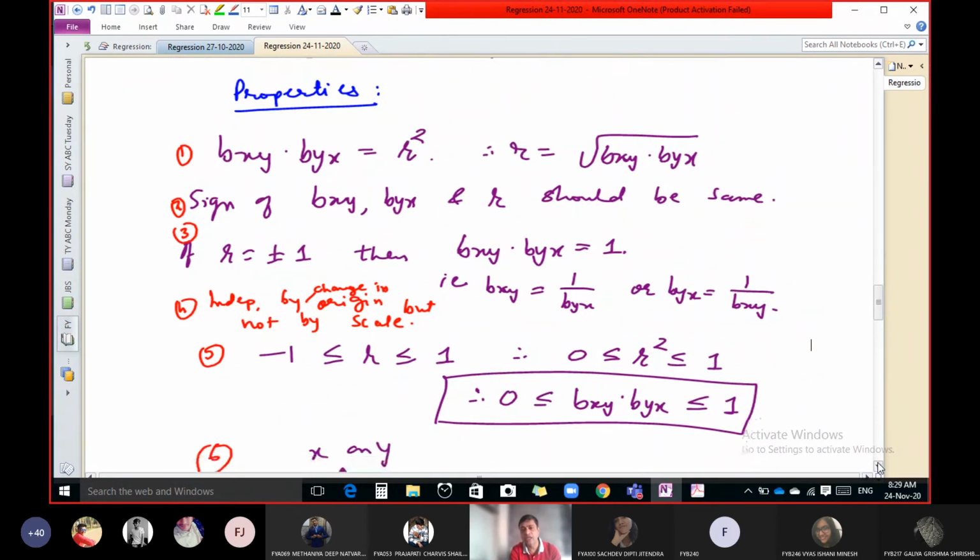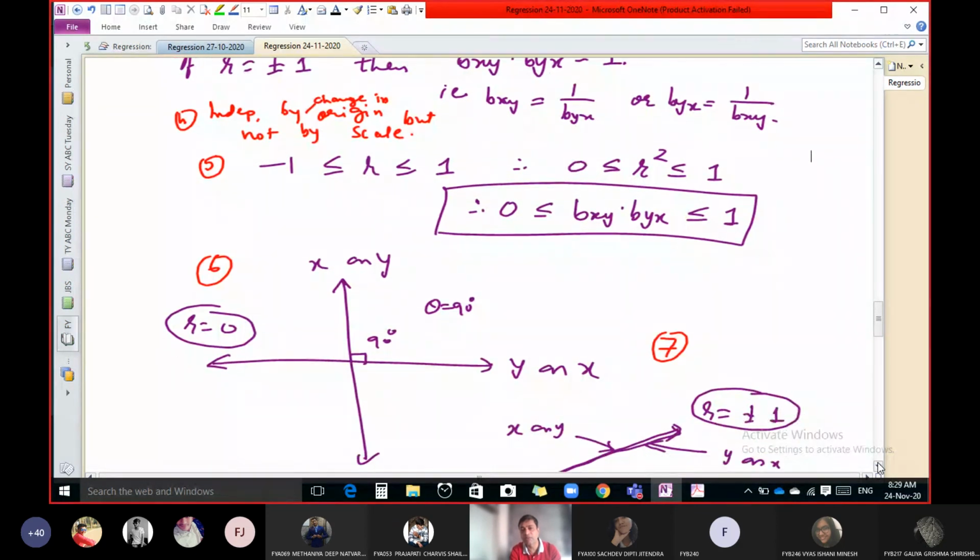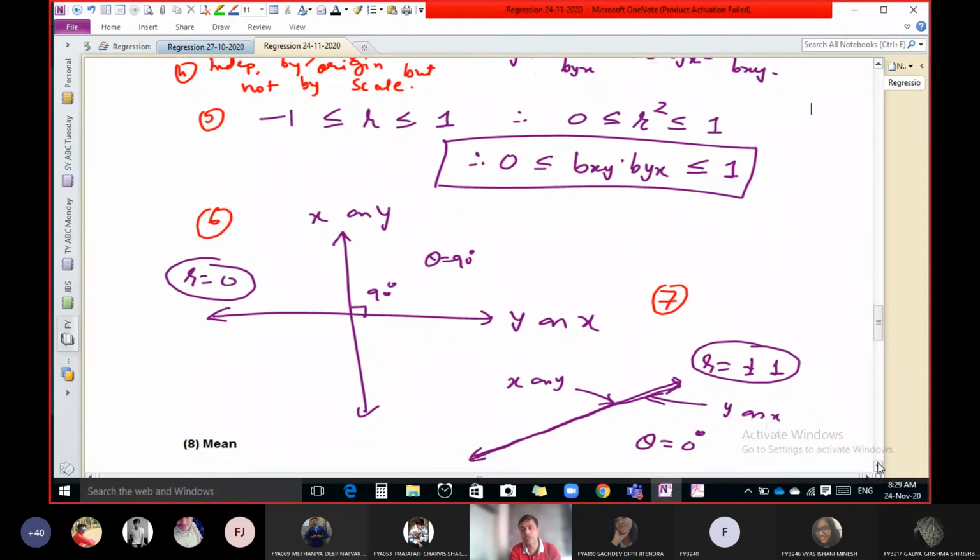If we multiply two regression coefficients, we get r square, and r square always lies between 0 and 1. That means two regression coefficients cannot be more than one simultaneously.